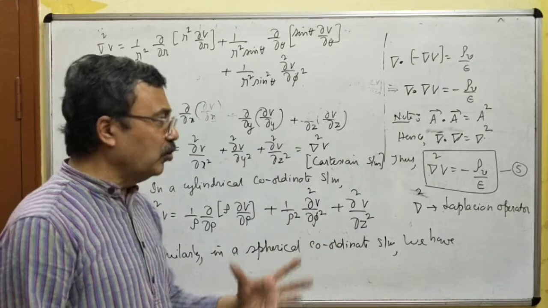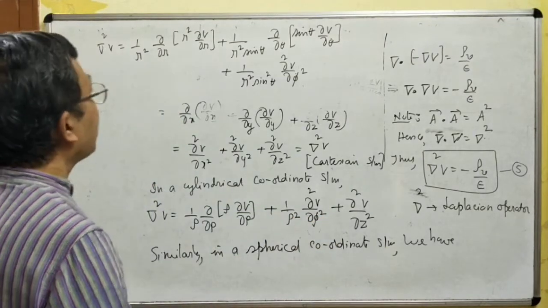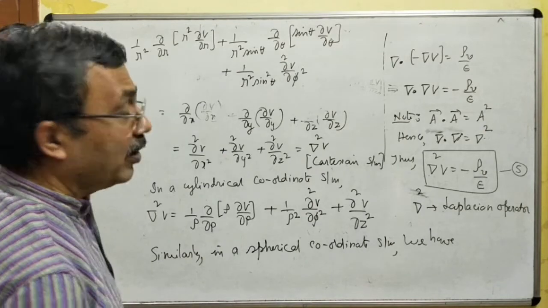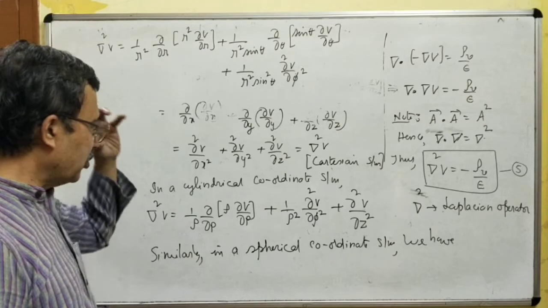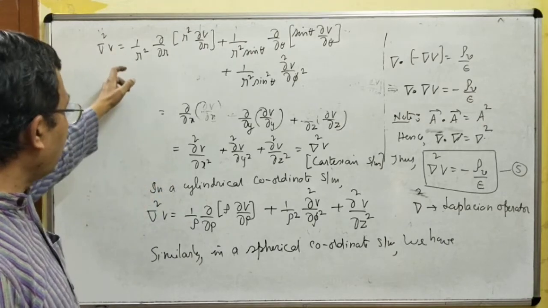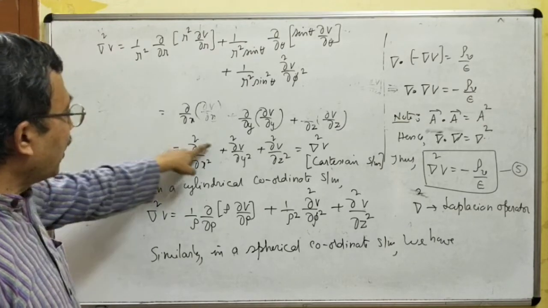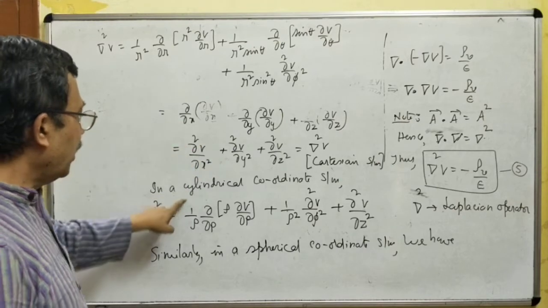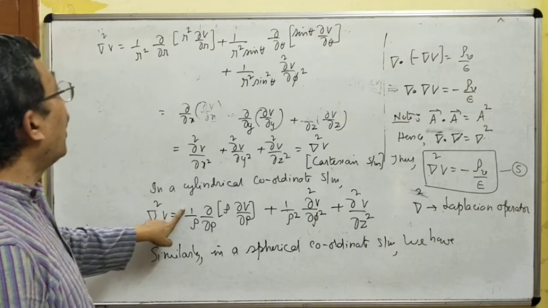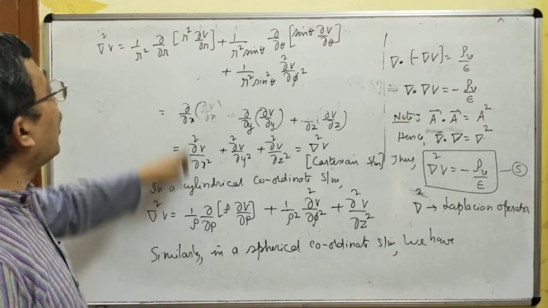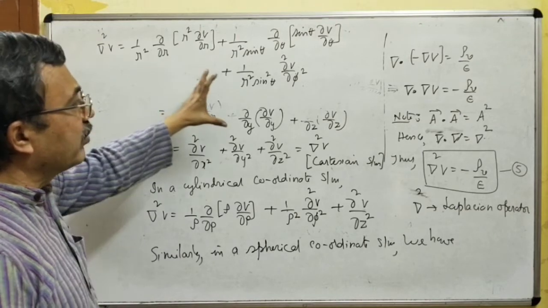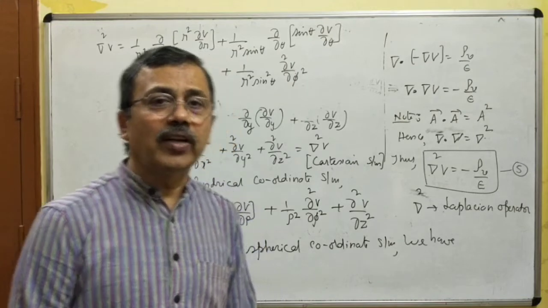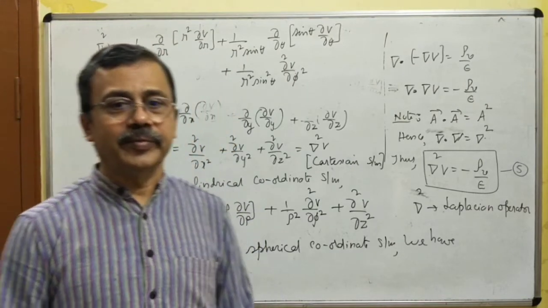In the examination, problems will be asked on Laplace's and Poisson's equations, so you have to remember the expressions for del square V in the Cartesian, cylindrical and spherical coordinate systems. This derivation will be asked in the exam for 6 marks. This much you have to write. Thank you.